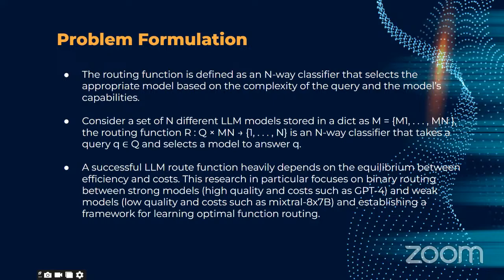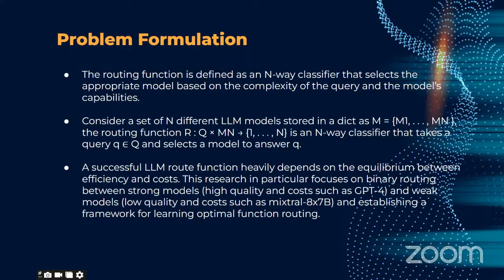The routing function is designed to take user queries and map them to the most effective LLMs based on their complexity. As an n-way classifier, it takes a query Q and selects a model to answer the question.